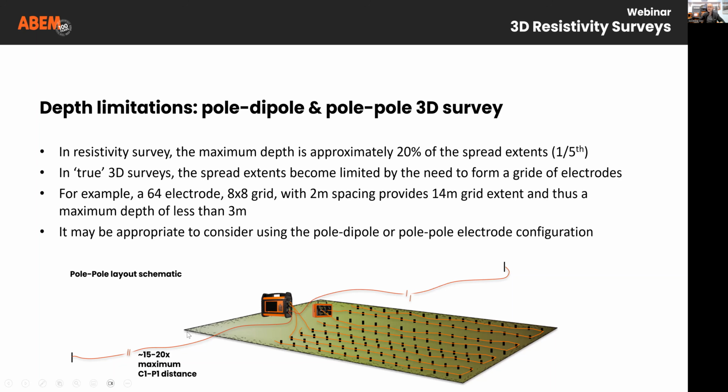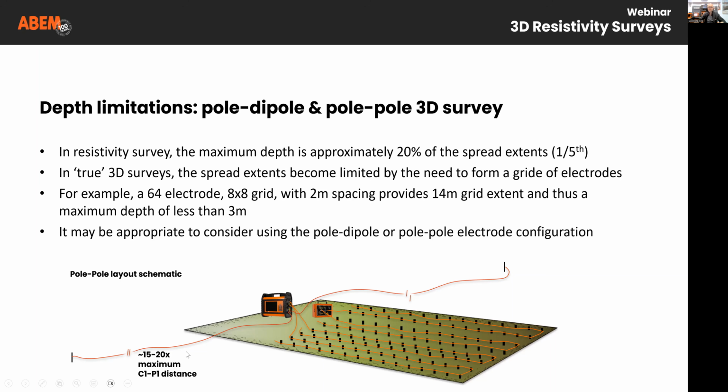If you bring those electrodes closer, then you should theoretically inform your inversion software that that is what you've done, that they are no longer at infinity, or at least the practical version of infinity. As those remote electrodes come closer back towards your grid, that depth of investigation starts to come up.